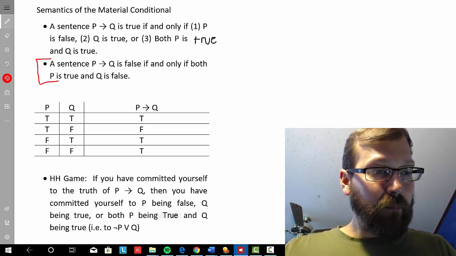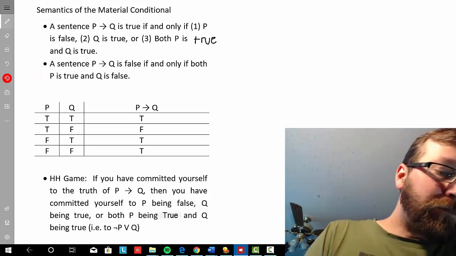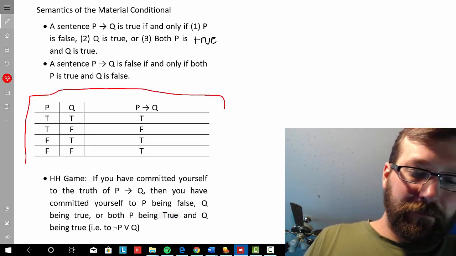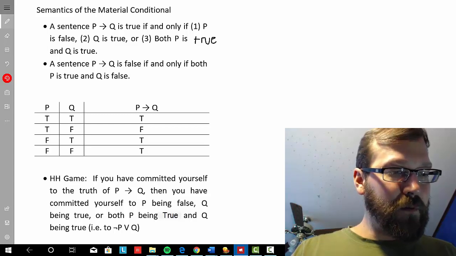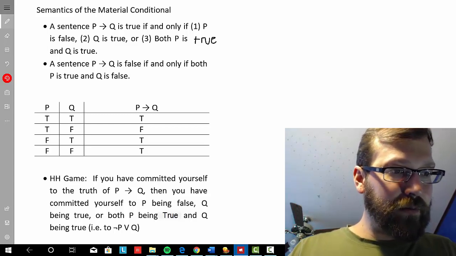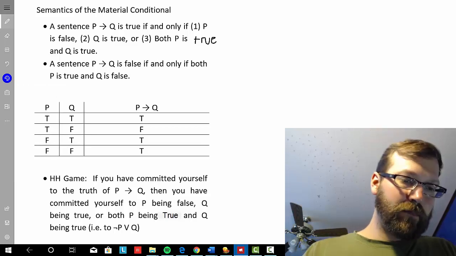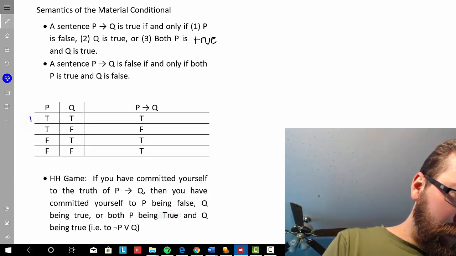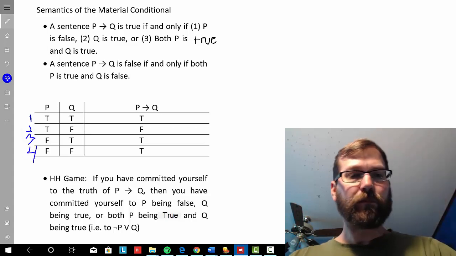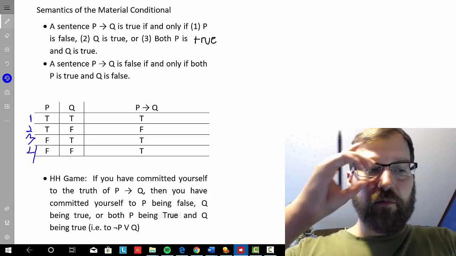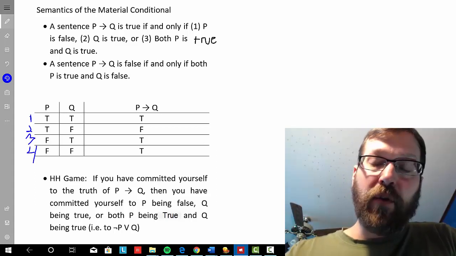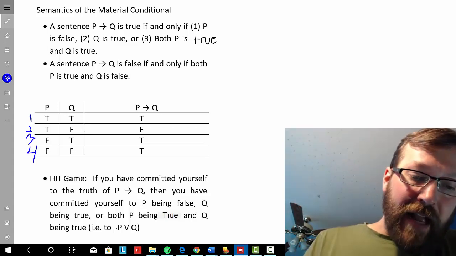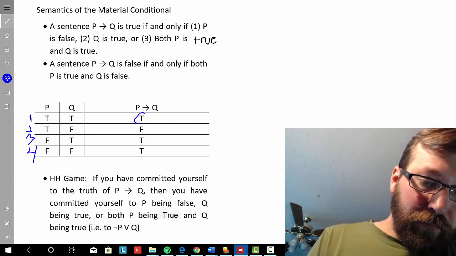And we can see the very same thing represented in this truth table. We have 4 situations. We've got situation 1, 2, 3, and 4. Our first situation is a case in which the antecedent and the consequent are both true, and that outputs true.